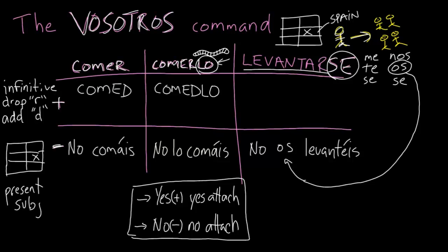The final one we want to look at is levantarse. And when we're working with reflexive verbs in the vosotros form and we have to add the os, this is going to cause just a little bit of a change. We are not going to add the D. So we will start with levantar.